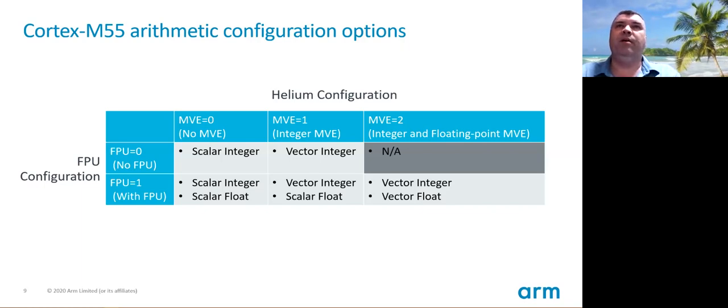So it's something to be aware of, that not every Cortex-M55 will be exactly the same. From ARM's point of view, we provide the CPU with a number of configuration options, and it's up to the silicon vendors then to implement as needed.